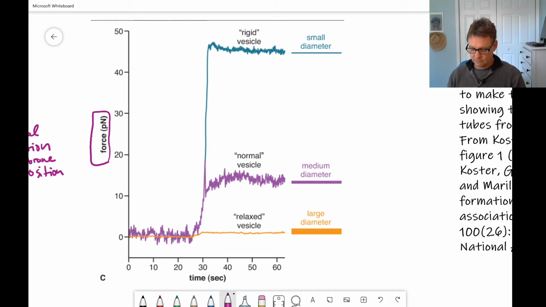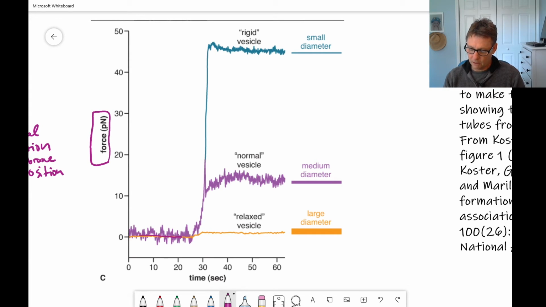So it takes almost no force to pull out a membrane from a relaxed vesicle with a large diameter membrane. And it takes more force to pull out a normal or medium-sized diameter membrane vesicle. But it takes a lot of force to manipulate a rigid vesicle and a very small diameter tube.